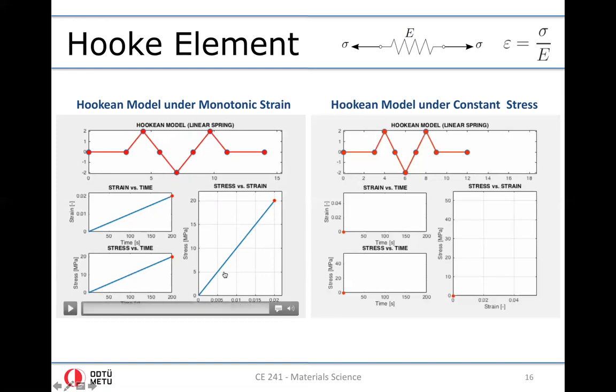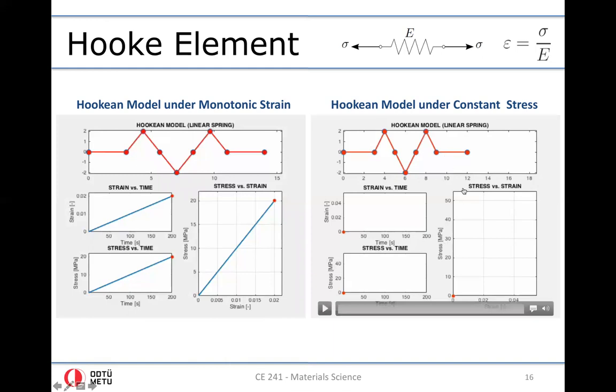So you can make a prediction about that by just looking at this change. So within 1% strain, it increases about 10 megapascals, right? So then you can say that it has a 1 gigapascal elasticity modulus.